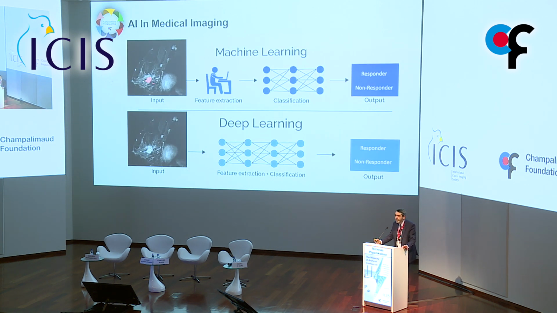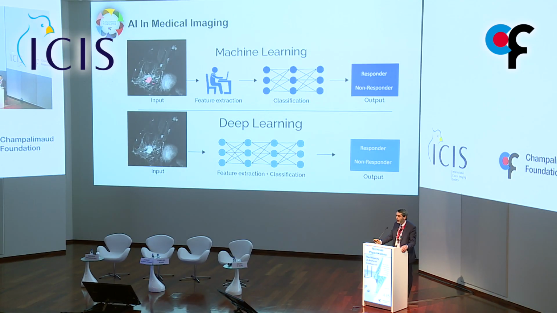Now, there are two different pathways in AI and medical imaging. The machine learning part, which to my view is not a very accurate terminology, but it implies the segmentation of a region of interest and then the extraction of corresponding imaging features coming from those regions of interest in order to feed a classifier and make a prediction.